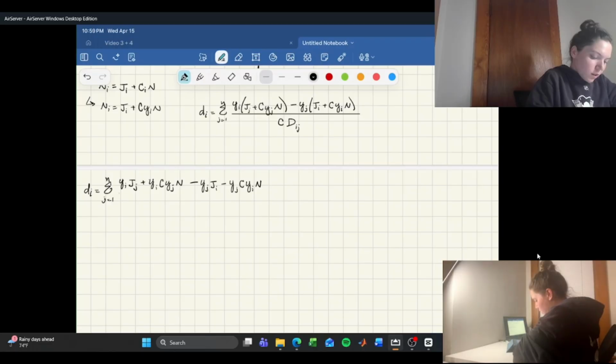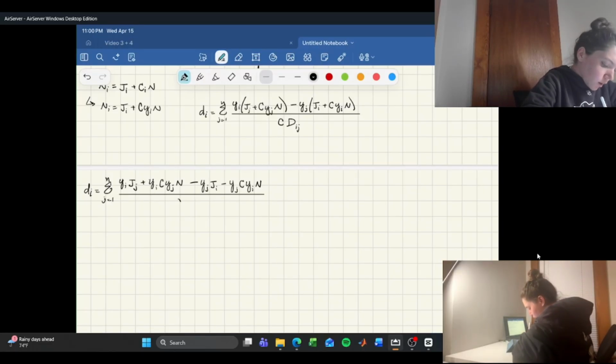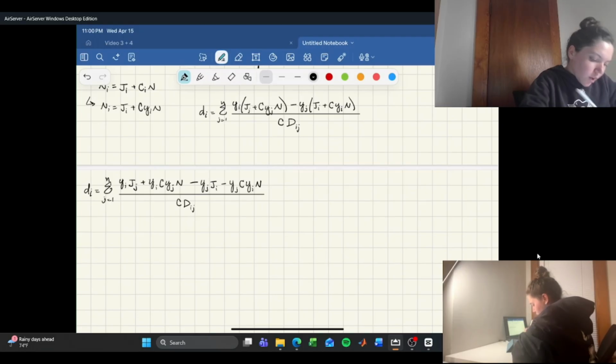Again, all divided by concentration times the diffusion coefficient of Ij.